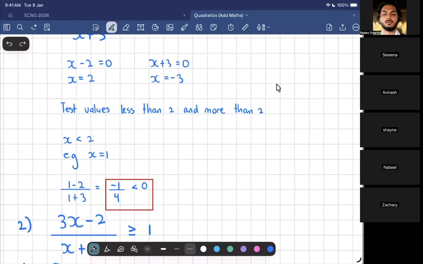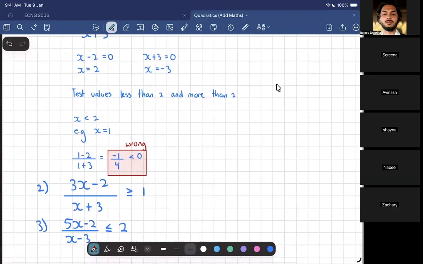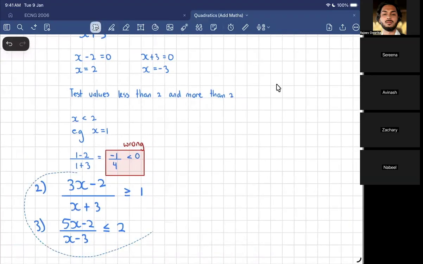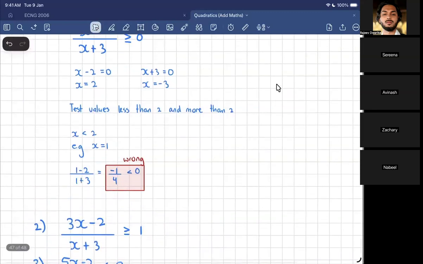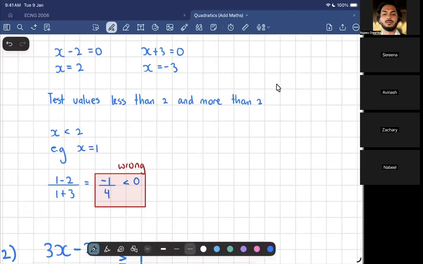So, okay, if x is less than 2 is automatically wrong, what do you think our solution is going to be then? X is more than 2. Exactly, because if x is less than 2 gives us a value that is less than 0, then x is more than 2 should give us a value that is greater than 0.